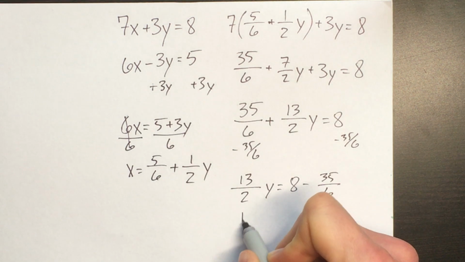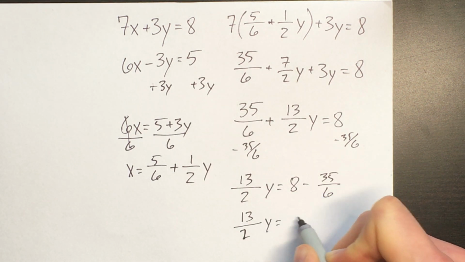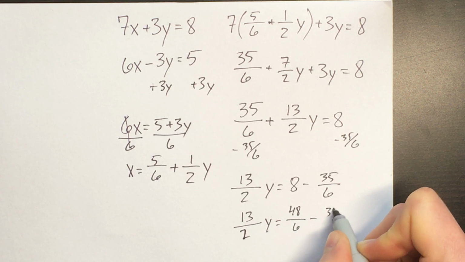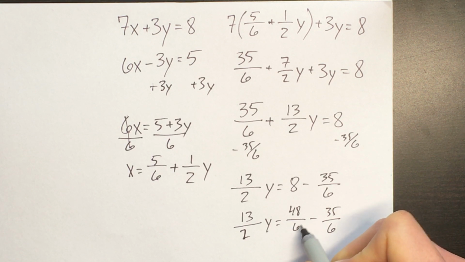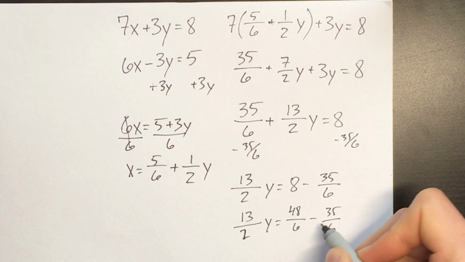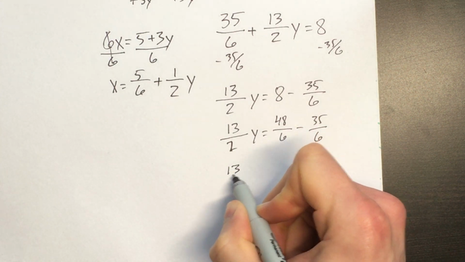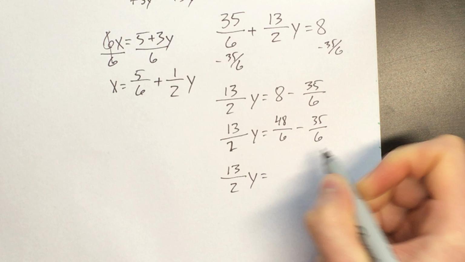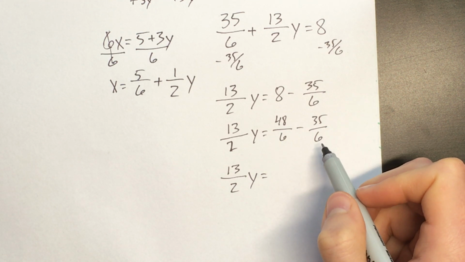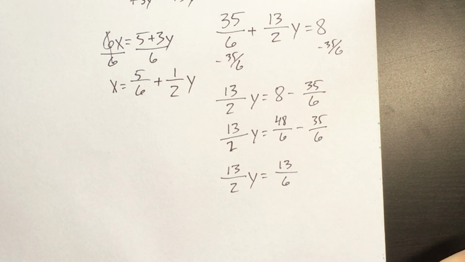So 13 over 2 y is equal to 48 over 6 minus 35 over 6, since 48 over 6 is 8. That's equal to 13 over 6.